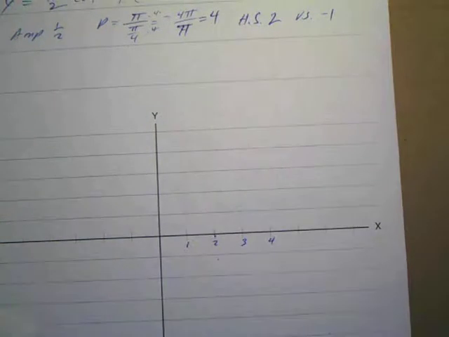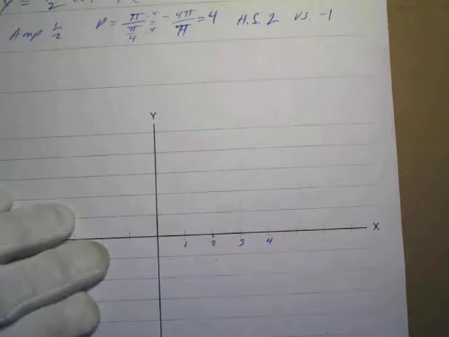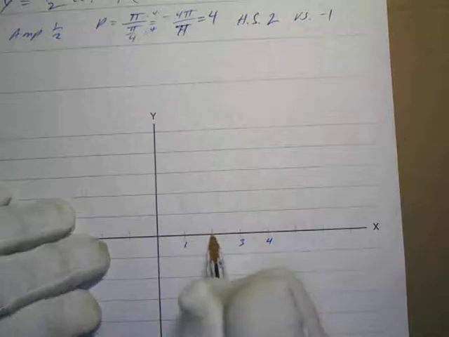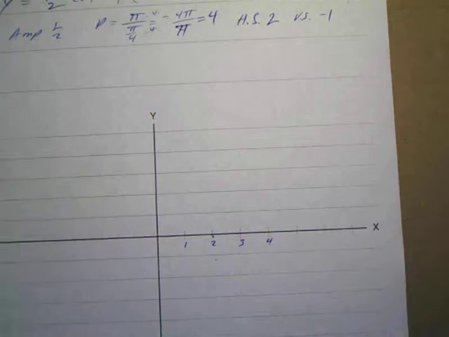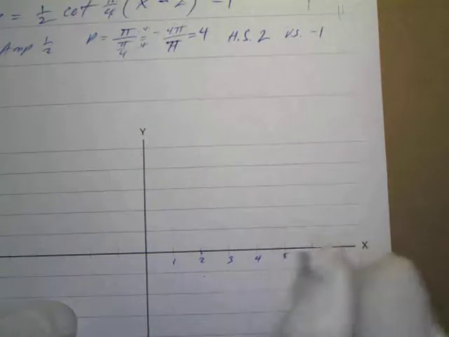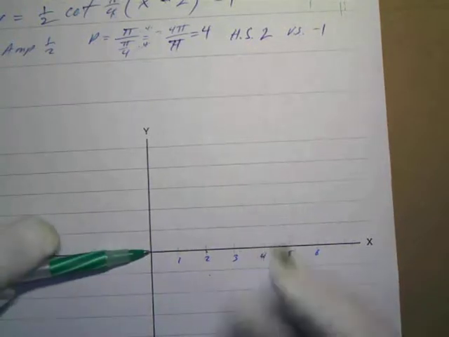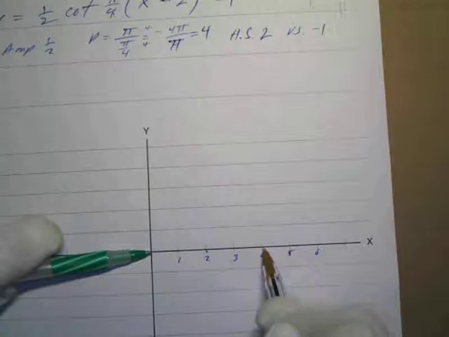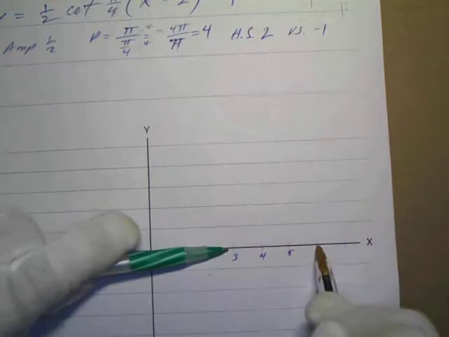So my 0 would normally be here, except now I got a shift, don't I? I've got a shift of 2 to the right, so now I'm going to go out to 6. So instead of being from 0 to 4, I'm going to have everything shifted over 2 to the right, so I've got a horizontal shift of 2, okay?